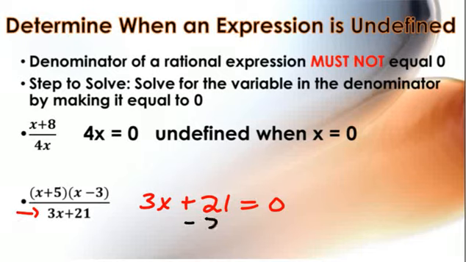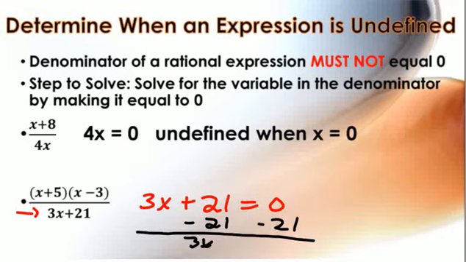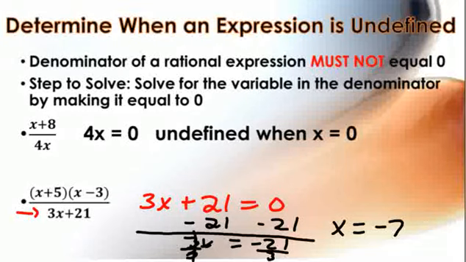I subtract 21 on both sides, and I get 3x equaling negative 21. Divide by 3 on both sides, and when x equals negative 7, this is undefined. So x can never equal negative 7.